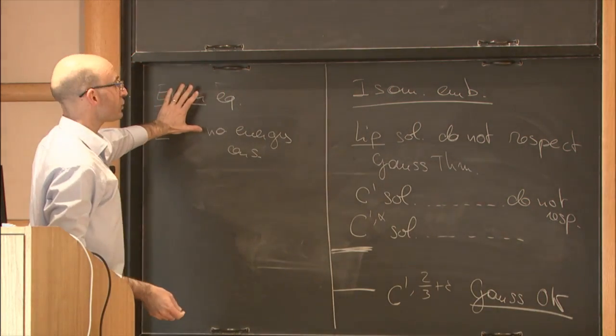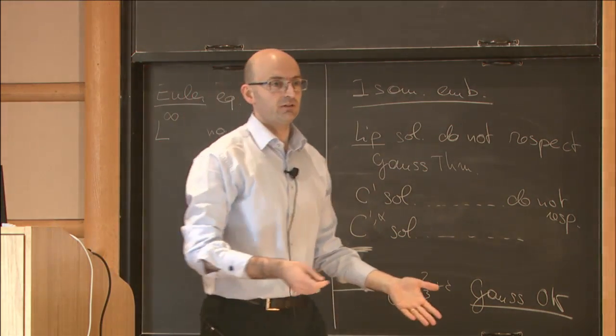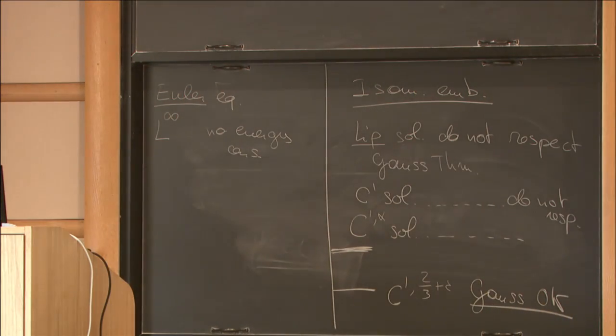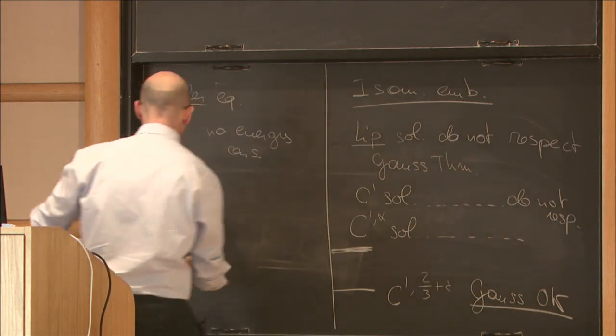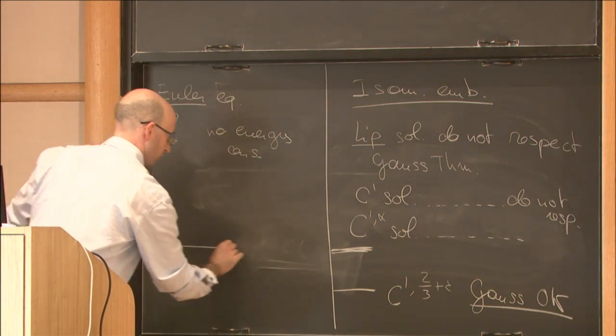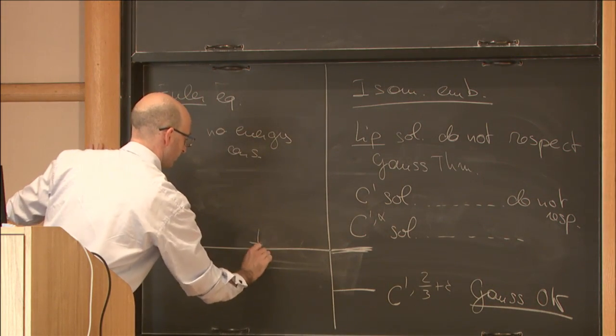Now for the Euler equations, a situation like this was predicted by a physicist in 1949. This is what goes under the name of Onsager's conjecture. So there is something similar, and there is a very precise threshold, and the threshold is 1/3.